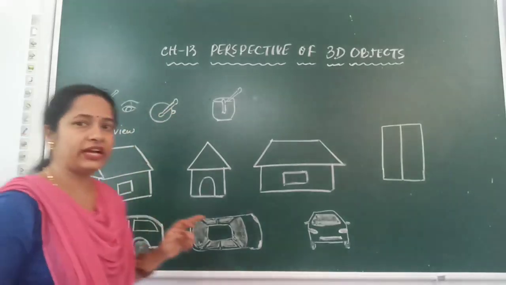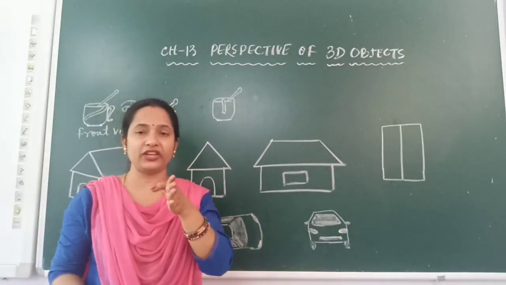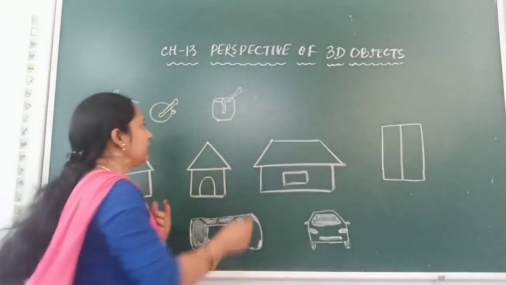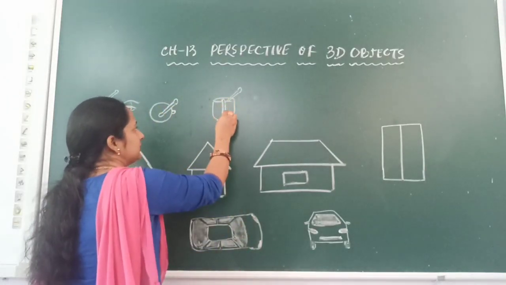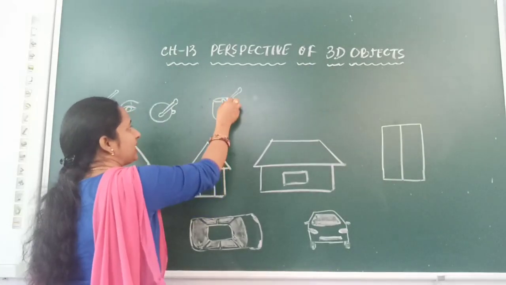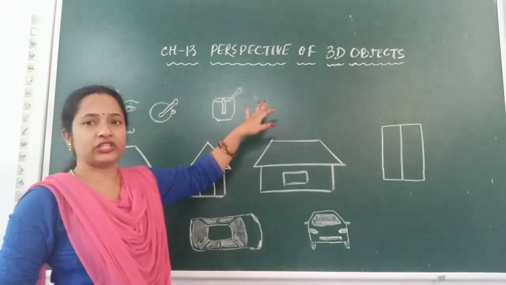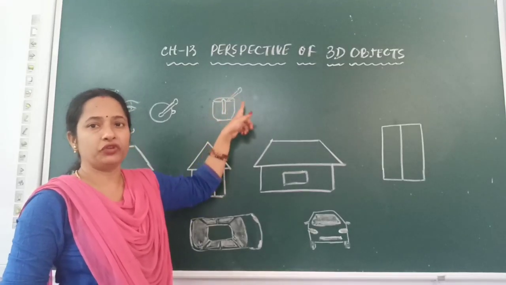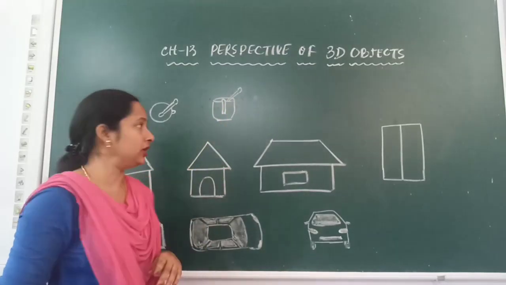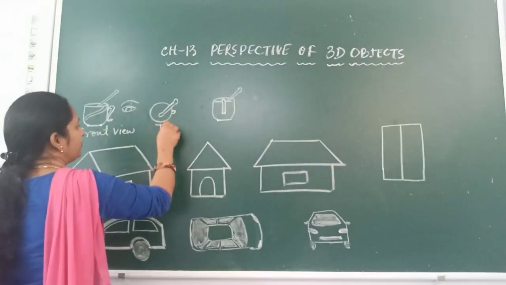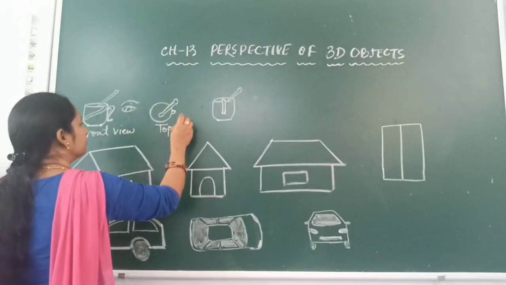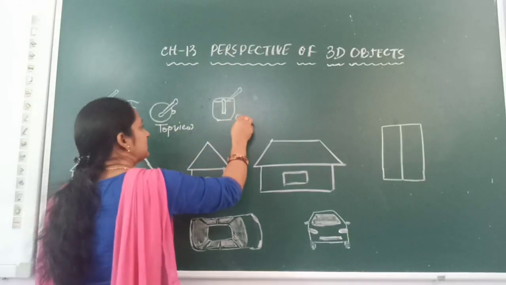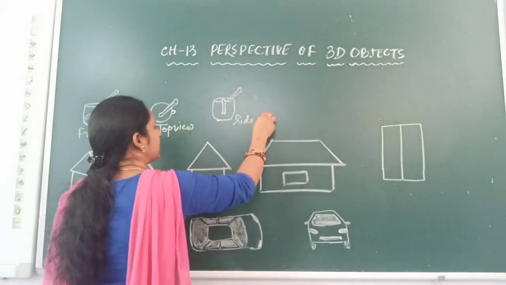When you see it from that side, the handle part of the cup is towards you, so it will look like a thick line like this, as well as the part of the spoon that is kept, which will also be visible, and the rest of the view of the cup. So this is the top view of the cup, whereas this is the side view of the cup.